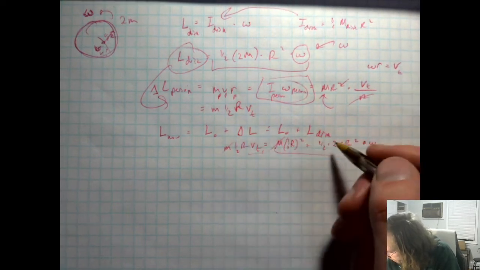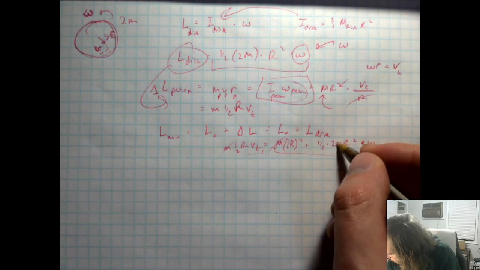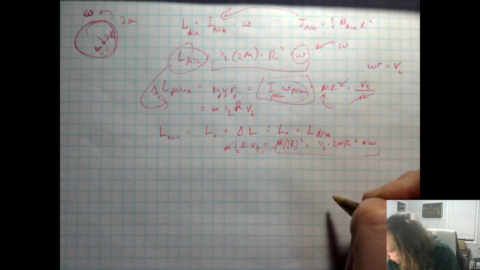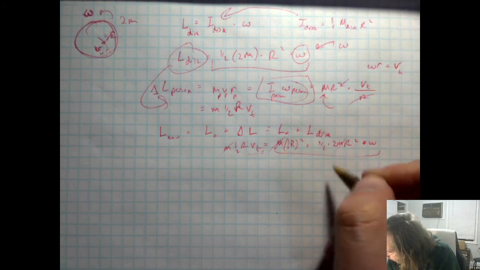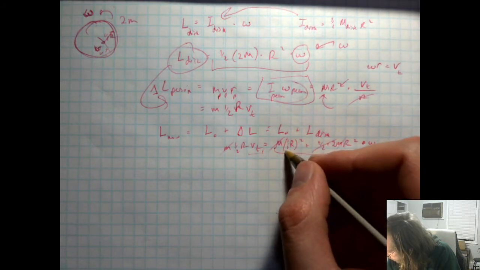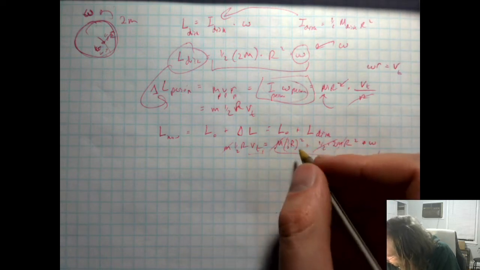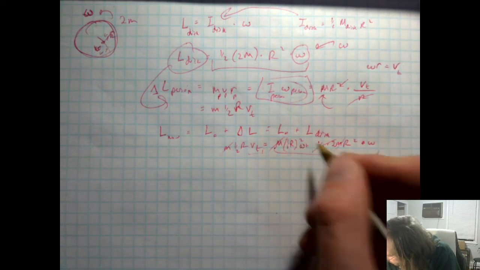So, mass drops, let's start there. If I remember to put it in every term anyway. This 1/2 and this 2 cancel, that's so nice. This 1/2 squares, and I do need to include the omega here.